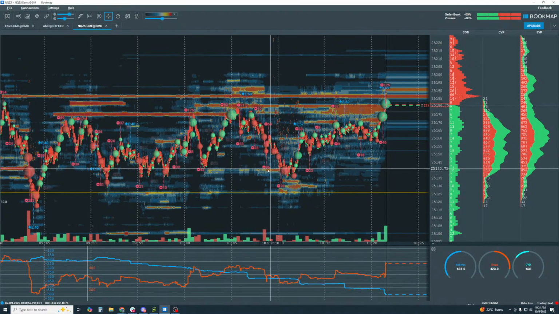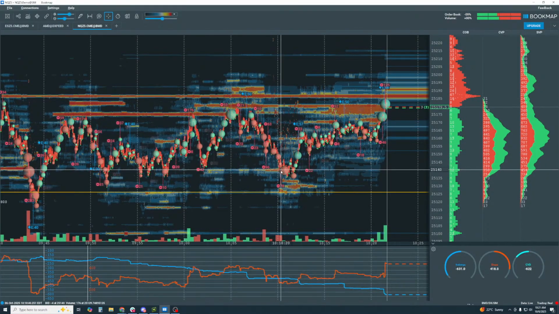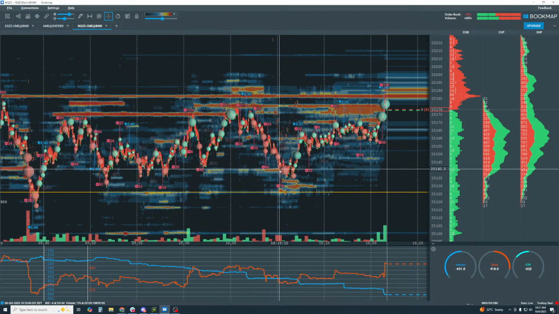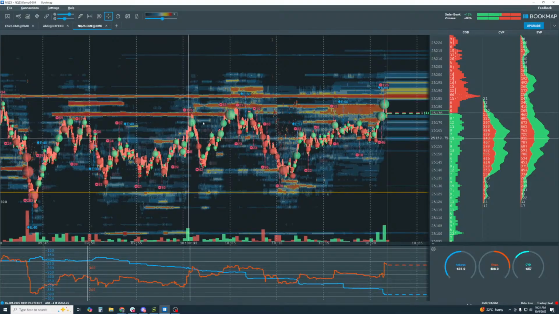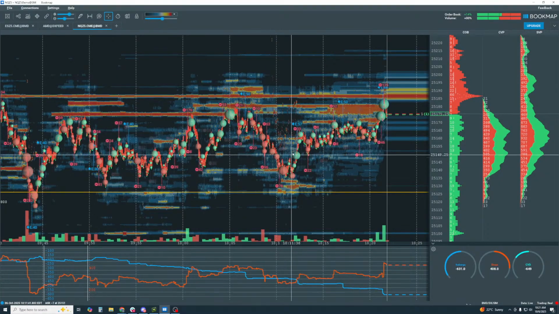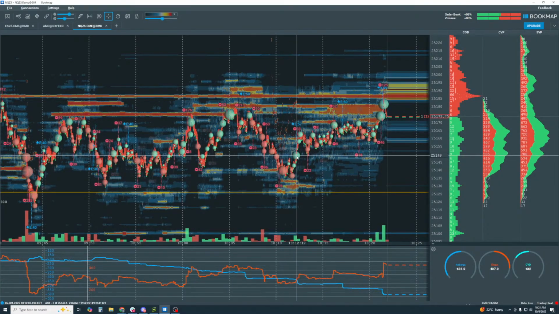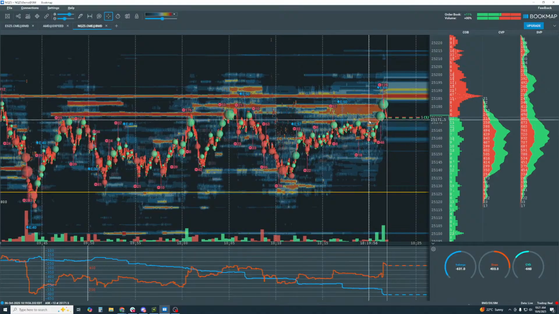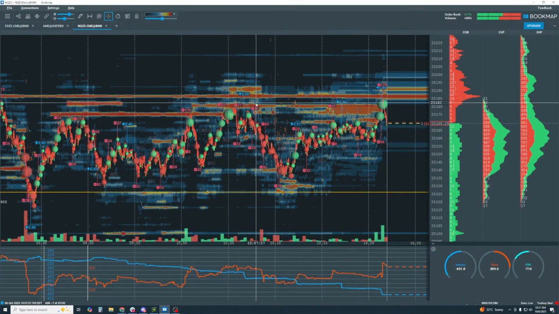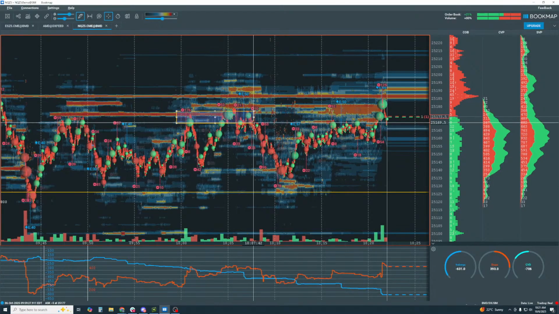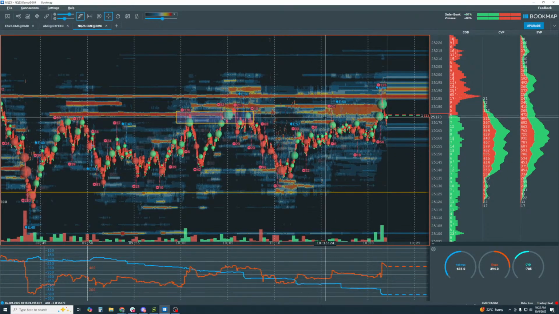And then we do have some liquidity just after 10 or so. And then we see a reaction. We see reactions in here by buyers, and then a reaction again here by buyers.